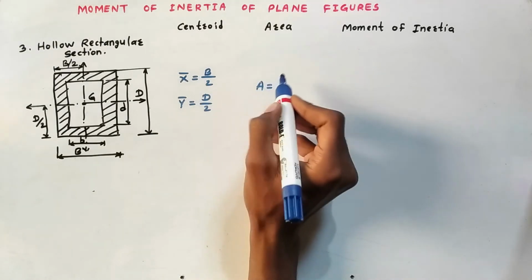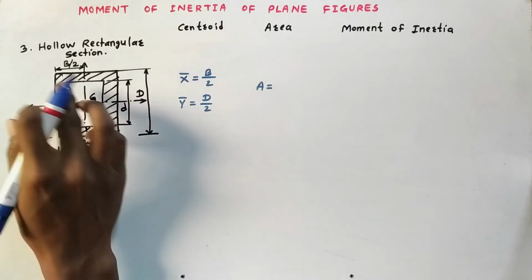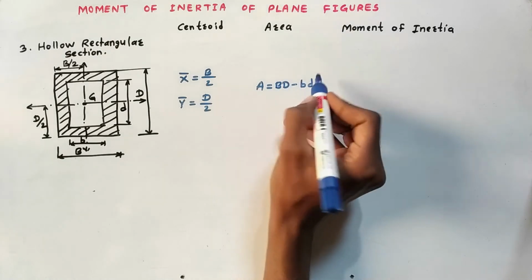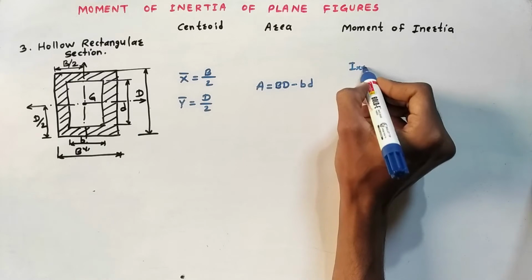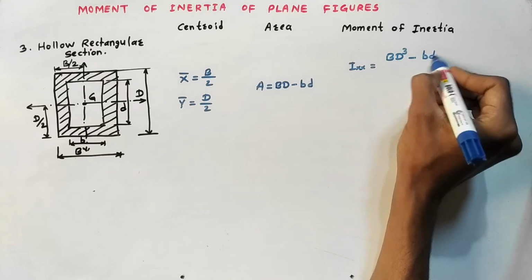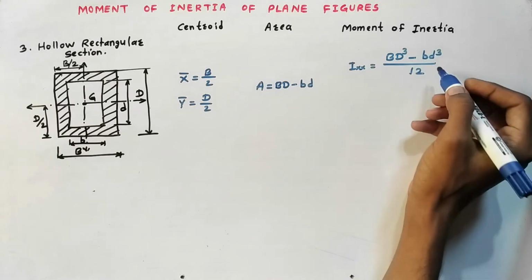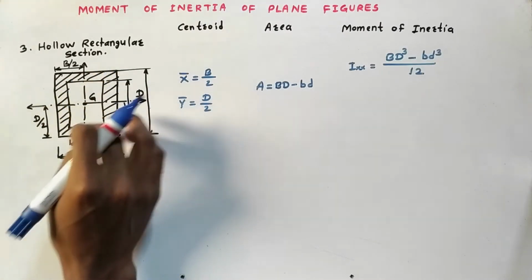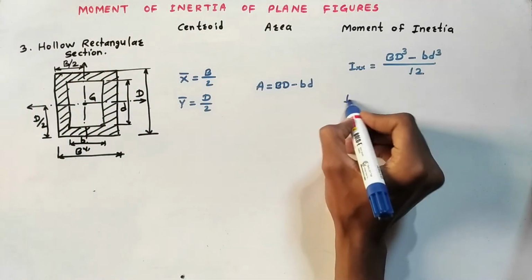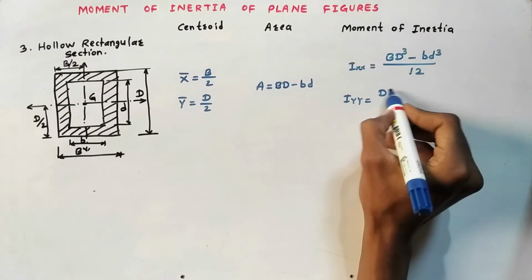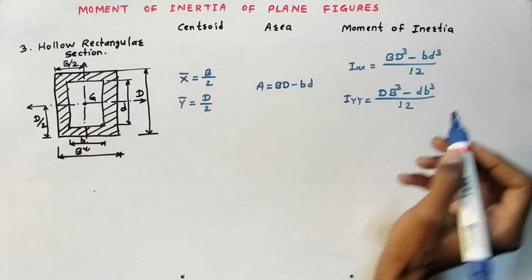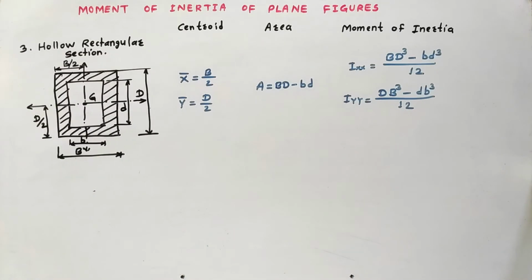The area is BD minus bd. Moment of inertia Ixx is equal to (BD cube minus bd cube) divided by 12, because we have to subtract the moment of inertia, and also area, of the inner rectangle from the bigger rectangle, and Iyy is (DB cube minus db cube) divided by 12. So this is for the hollow rectangular section.